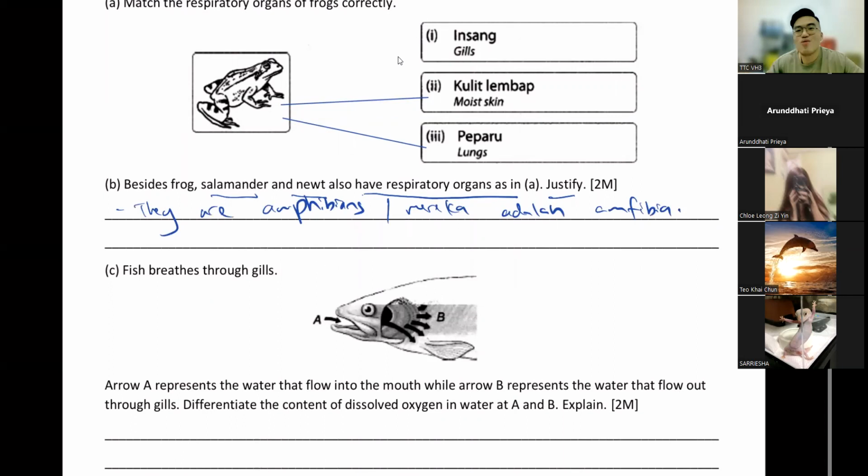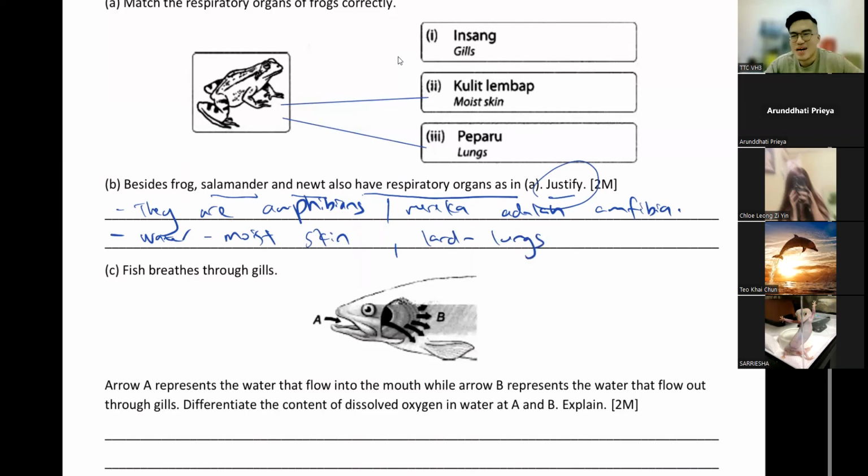All right. Okay, so what are amphibians? Why amphibians got two? Now you need to explain. Because they want you to explain, justify. Because in water they use moist skin, so on land they use lungs.